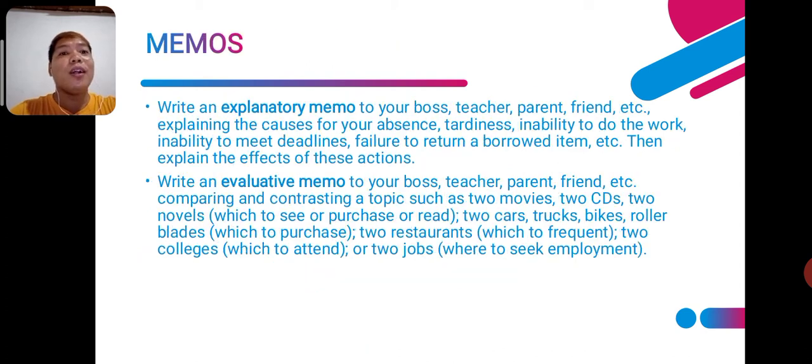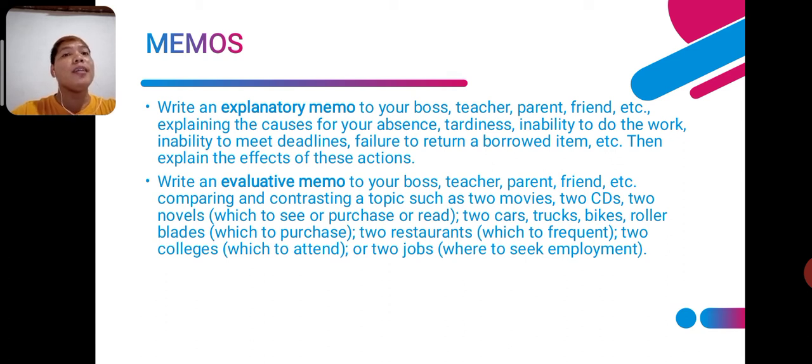Next, we have our memos. Okay, you can write an explanatory memo to your boss, teacher, parent, friend, etc., explaining the causes for your absence, tiredness, inability to do work, inability to meet deadlines, failure to return a borrowed item, and etc. Then explain the effects of these actions.